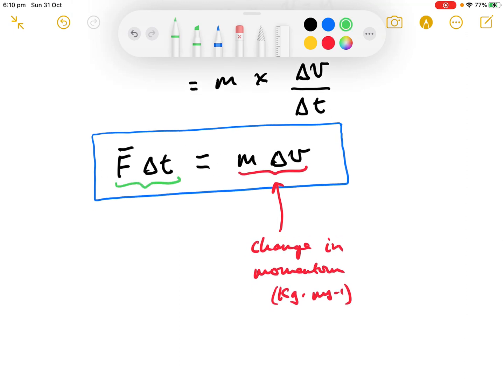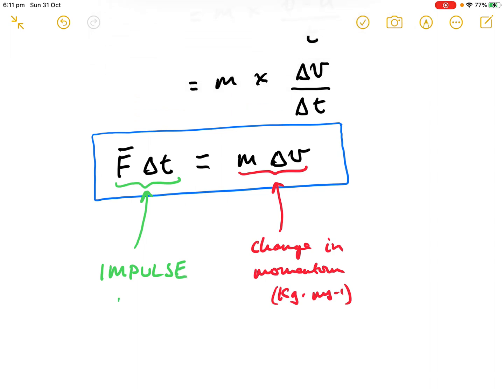So that's the change in momentum of the ball. And on the left-hand side, this product of the average force F bar and delta t, the duration of the contact, is given a special name. It's called impulse. And looking at the units of impulse, it has to be Newton seconds. Now be careful with that. It's not newtons per second, it's newtons times seconds, or Newton seconds.